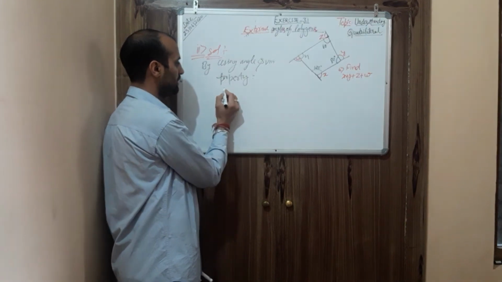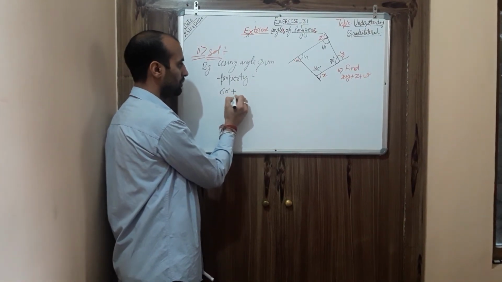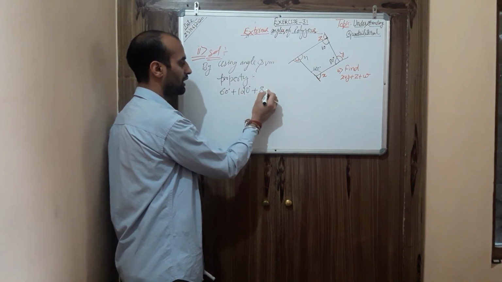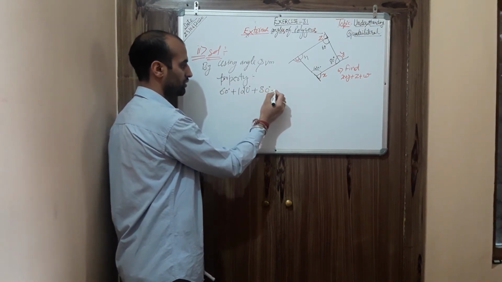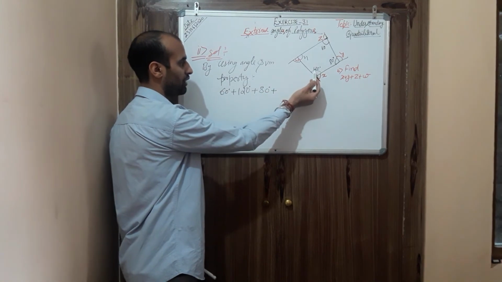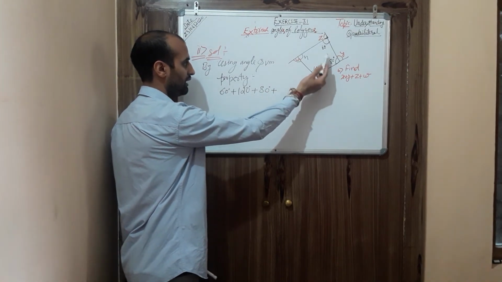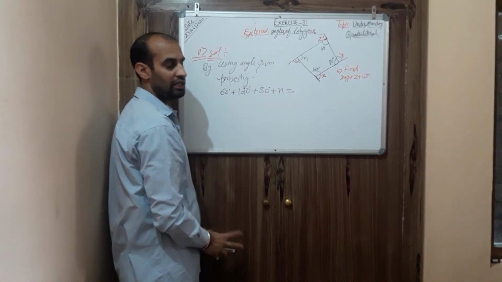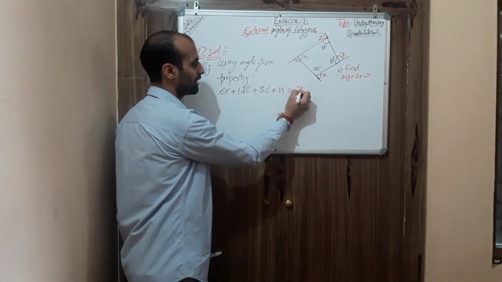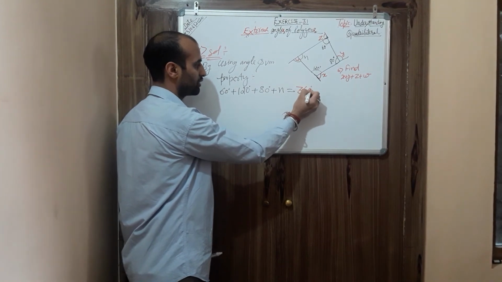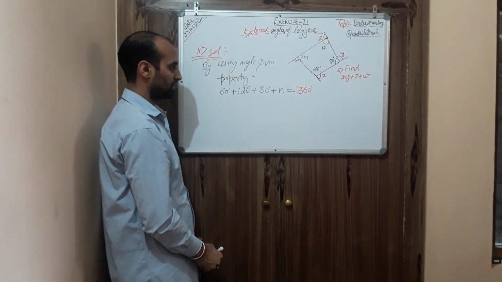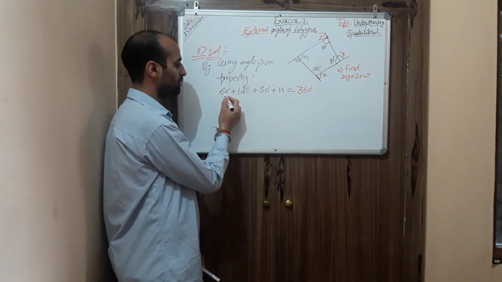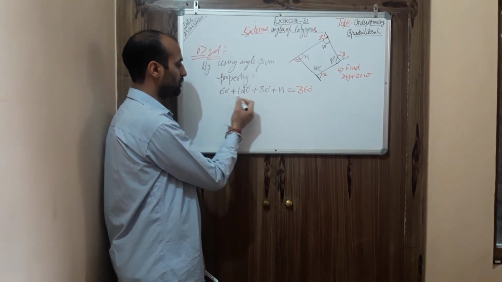So you can write 60 degrees plus 120 degrees, all the interior angles of the quadrilateral: 120, 80, 60, and the one we have considered, n. If we add all in the case of a quadrilateral, we get the angle sum equal to 360 degrees. Next, add this 60 and 120, which becomes 260.